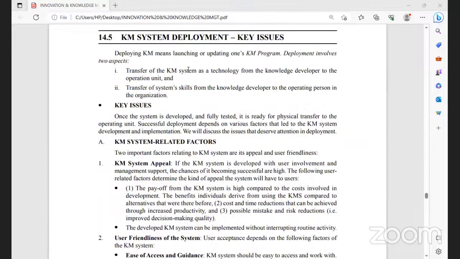Once the system is developed and fully tested, it is ready for physical transfer to the operating unit. Successful deployment depends on various factors that relate to the knowledge management system development and implementation.